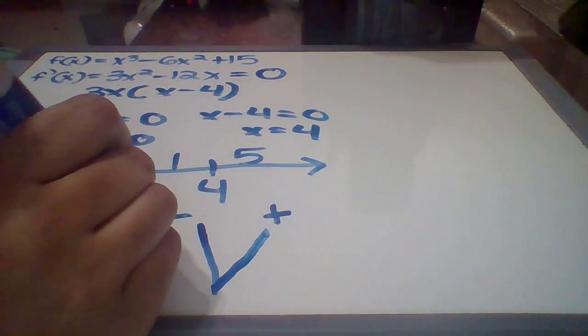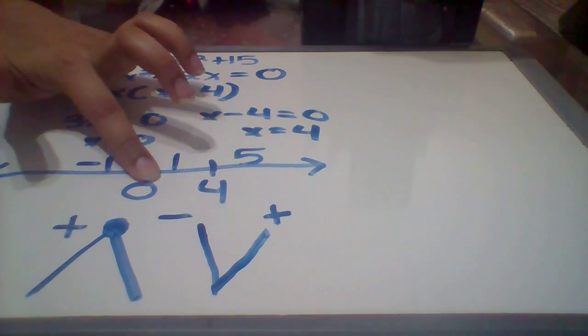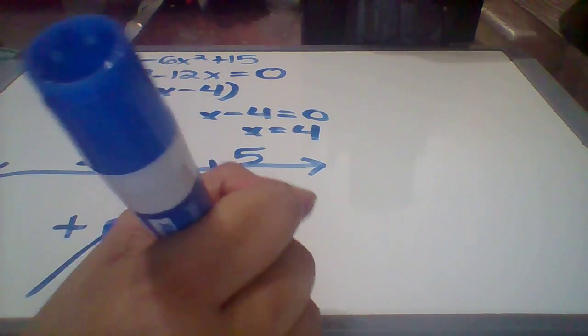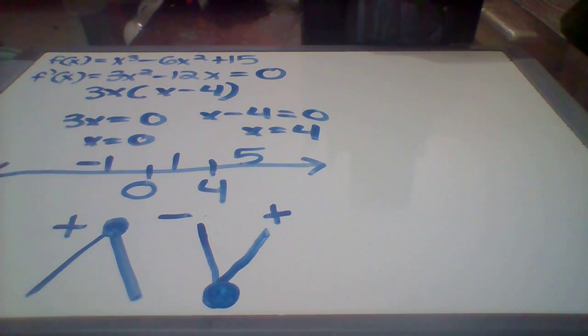So that tells me I have a relative maximum at 0 and a relative minimum at 4. So that's basically how you do the first derivative test.